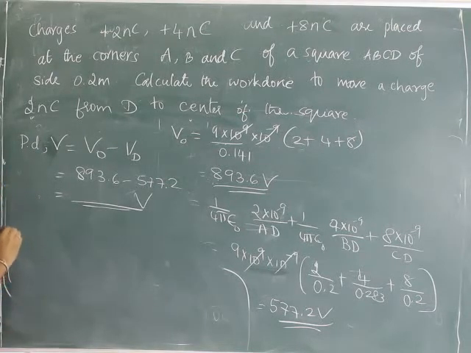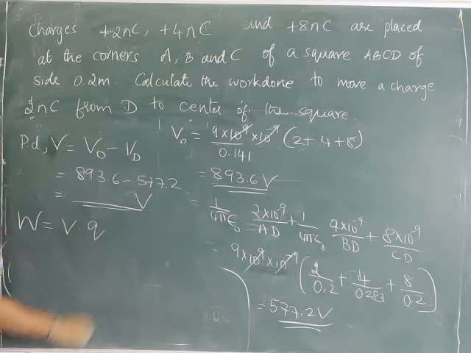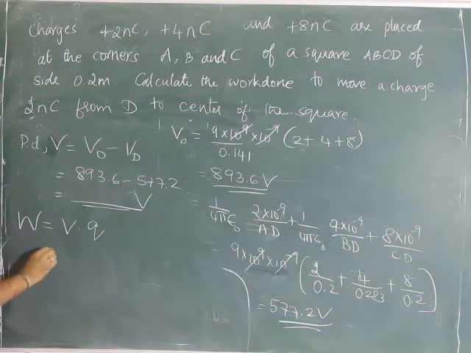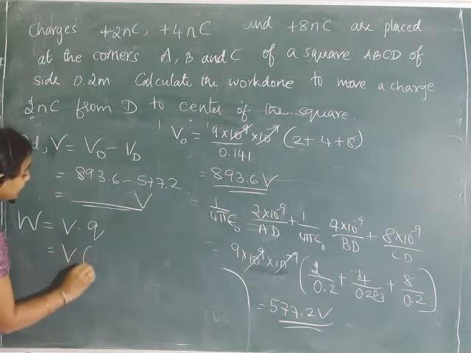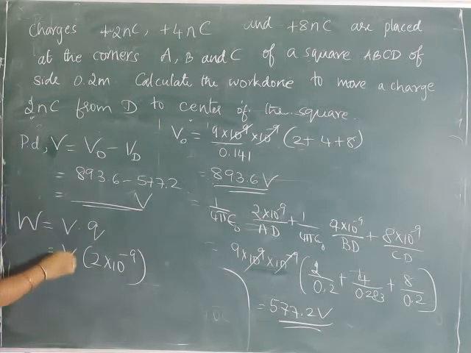The next step, work done is equal to potential difference into the charge, that is 2 nanocoulomb. So what is the answer? So V into 2 into 10 to the power minus 9. This V is this one. Substitute that V and calculate the work done. What is the work done you are getting here?